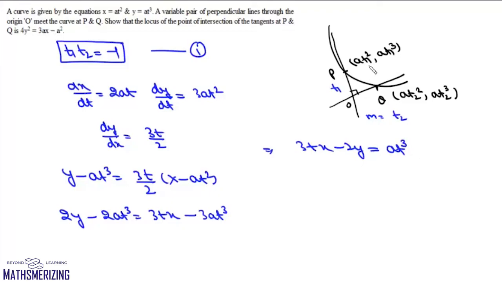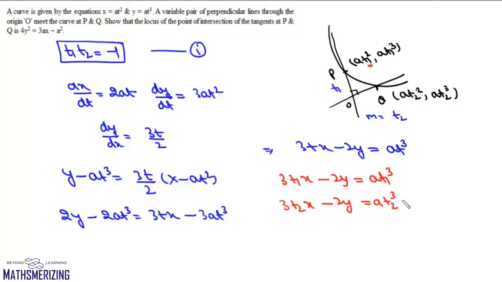Now the parameter at P is t1, so this equation will be 3t1x minus 2y equals at1 cube, and for Q it will be 3t2x minus 2y equals at2 cube.